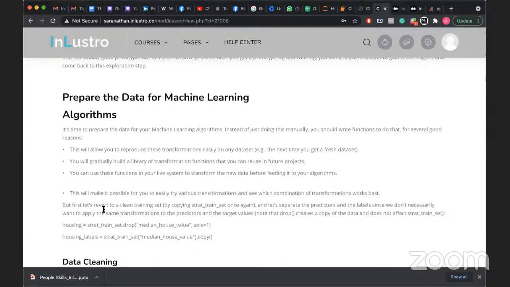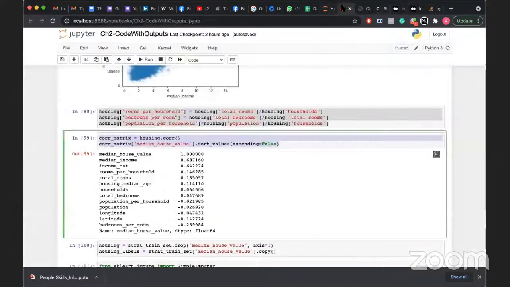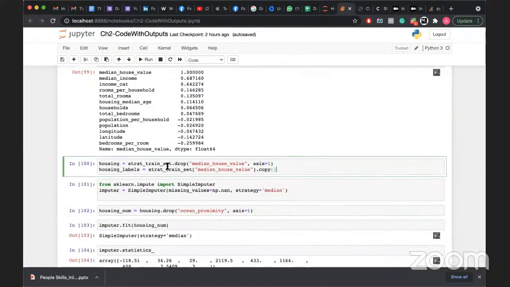Whenever we create a machine learning algorithm, we have to first separate the predictors and the labels, because we don't necessarily want to apply the same transformation to the predictors and to the target value. So let's start off with that as the first step, separating the predictor and the label.